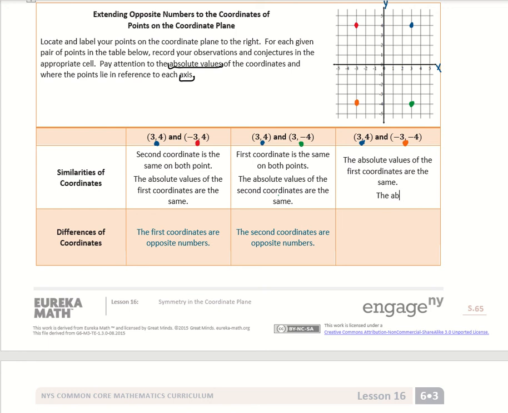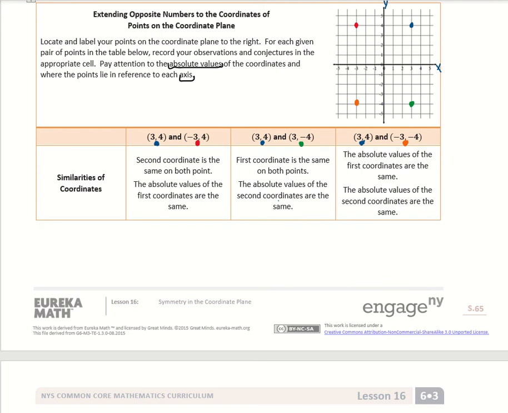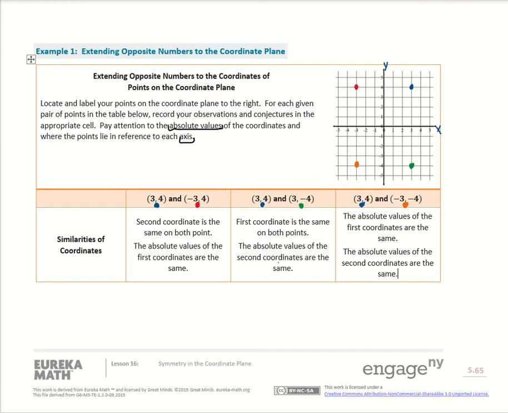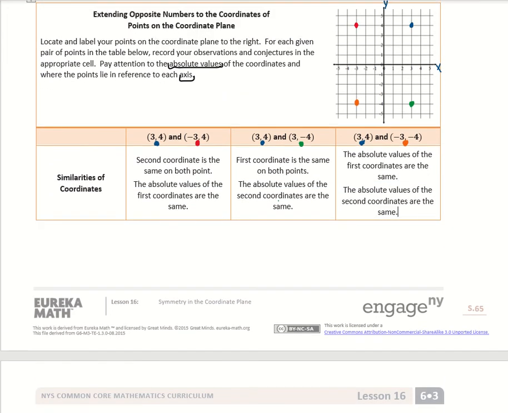And the absolute values of the second coordinates are the same. Oh, well, that moved that down. Well, that's fine. Not a big deal. So the absolute values of these first coordinates and our second coordinates, they're both the same. 3 is 3, 4 is 4.